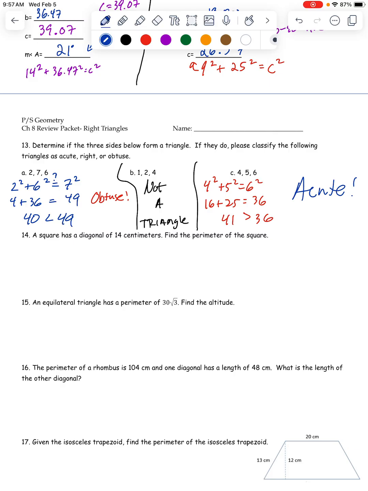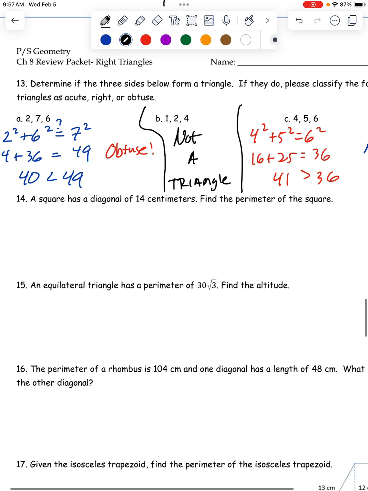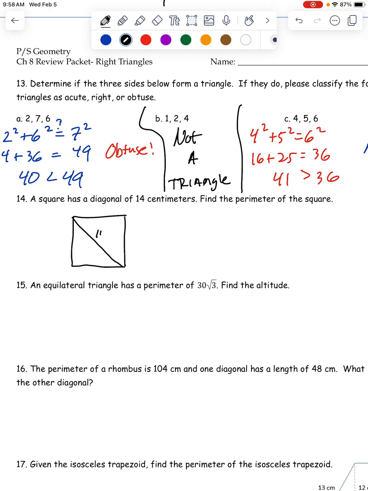All right. Problem number 14 brings back our quadrilaterals. So we have a square with a diagonal of 14. Okay. Find the perimeter.